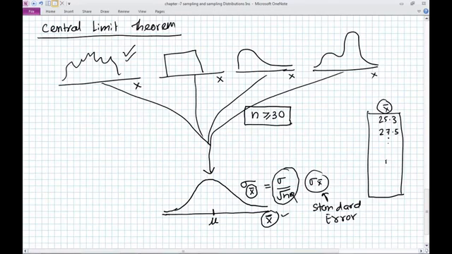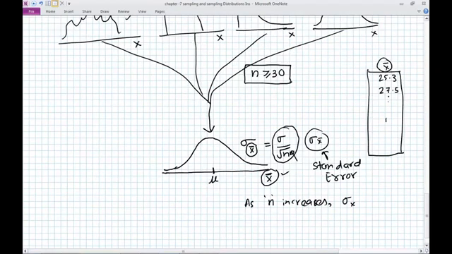Because n is in the denominator, as sample size increases, your standard error will come down. Your sigma of x bar reduces. Sigma of x bar reducing means the distribution becomes narrower, and basically our estimates become more and more accurate.